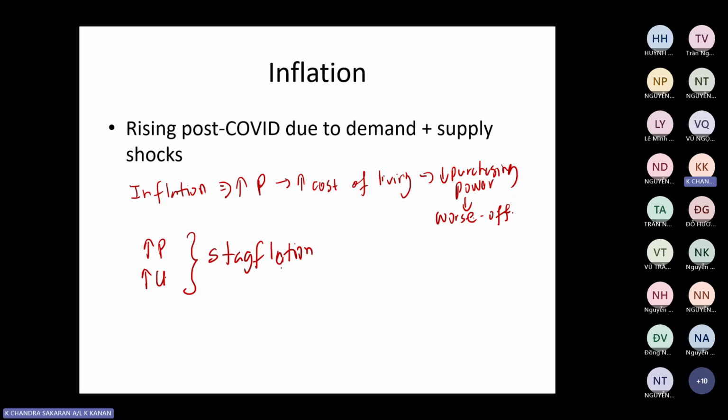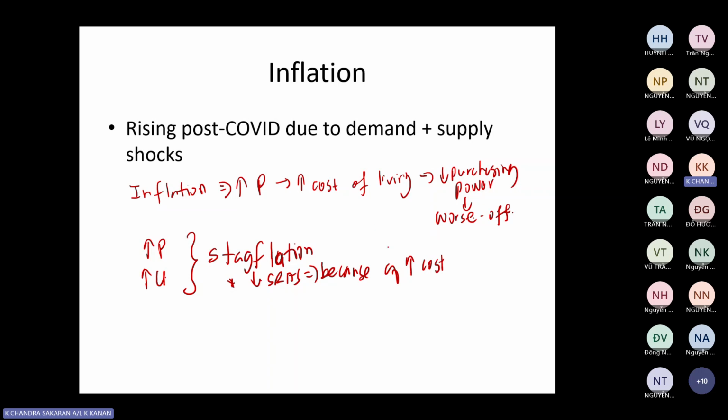Like now, most countries are facing this problem, stagflation, because of the oil price going up. Normally, when oil price goes up, costs go up. Stagflation is caused by what? One, drop in the short run aggregate supply because of higher costs.